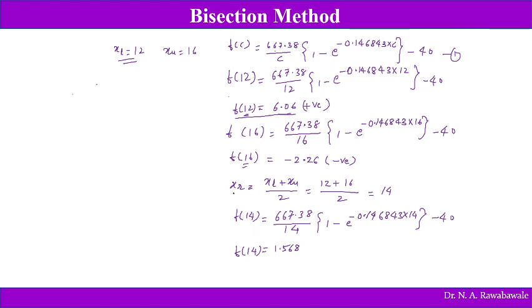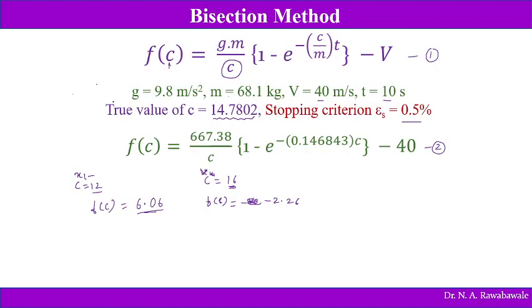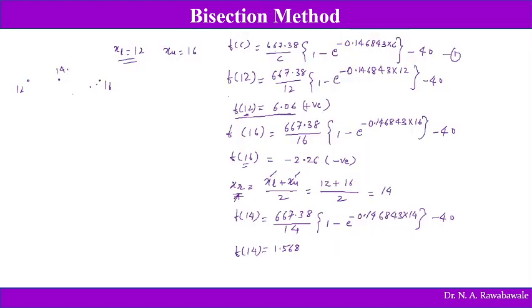So this was the lower limit, this was the upper limit, and this is the revised or refined answer. Assume that this is 12 and this is 16, and the true root is somewhere here. The value of the true root is 14.7802.